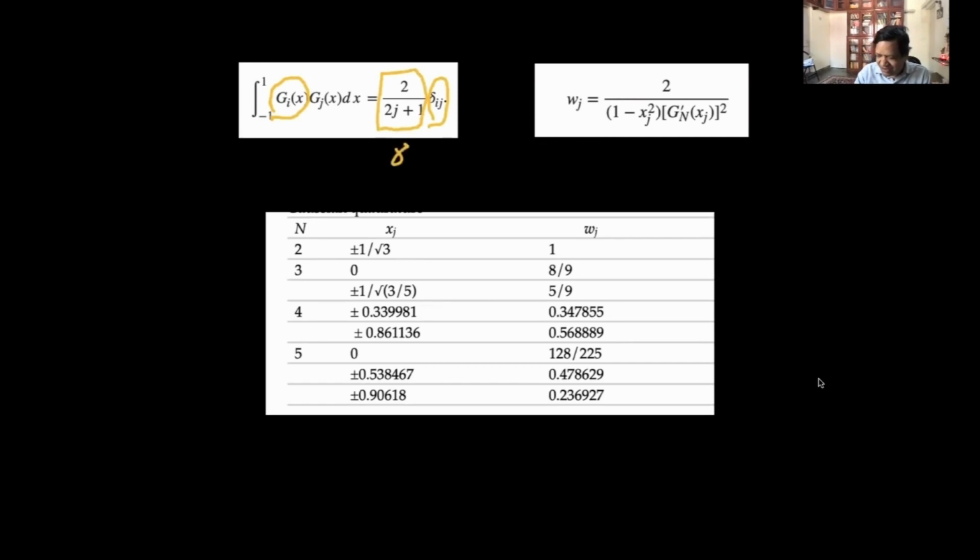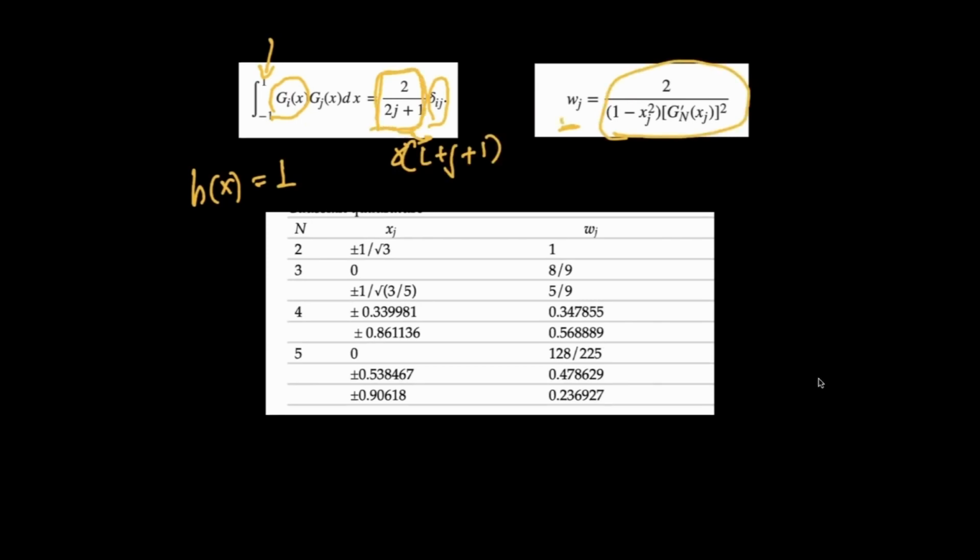This gamma is 2 by 2j plus 1. And the weight function is 1, right? There is no h of x here, so that means h(x) is 1. So with weight function h(x) equal to 1, and using the formula of Gauss quadrature, we can derive Wj. There is some more simplification done, but this is the formula.